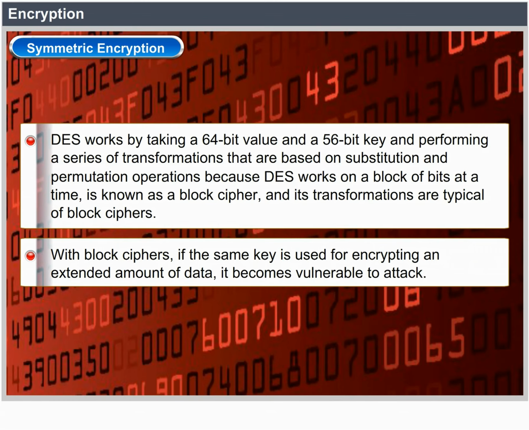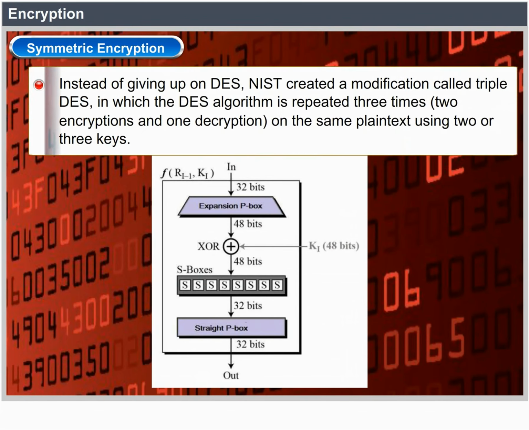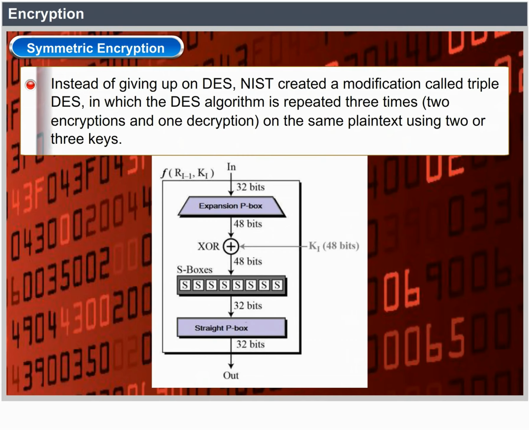DES is now considered insecure for many applications because its keys can be exhaustively searched with moderate computing resources. Note, though, that it is still frequently used. Rather than giving up on DES, NIST created a modification called triple DES, in which the DES algorithm is repeated 3 times, 2 encryptions and 1 decryption, on the same plain text using 2 or 3 keys.